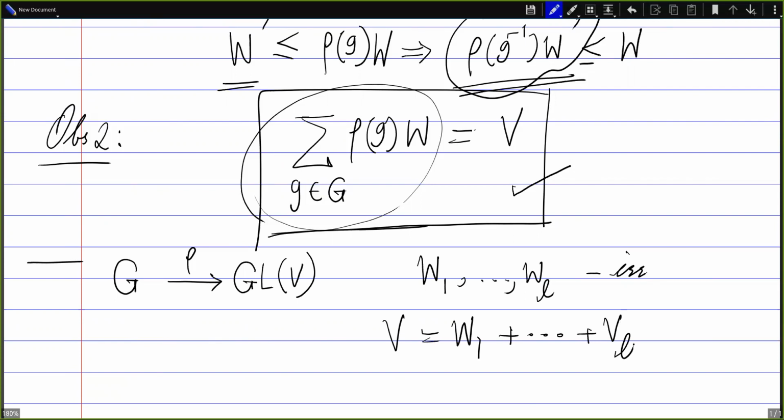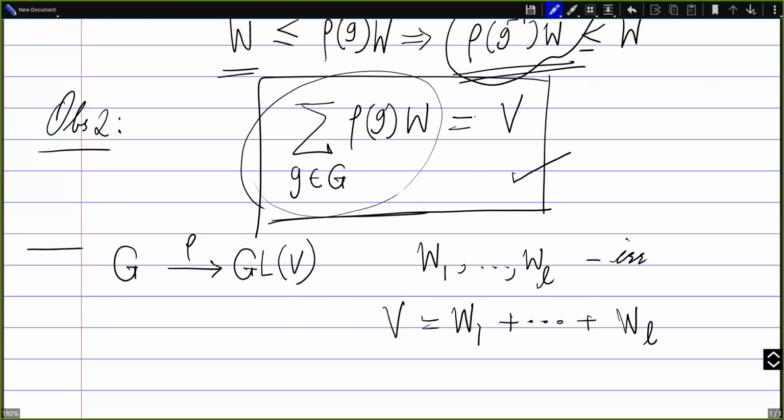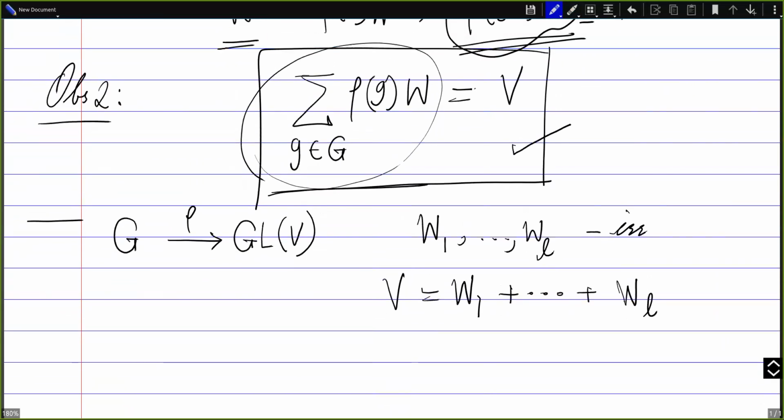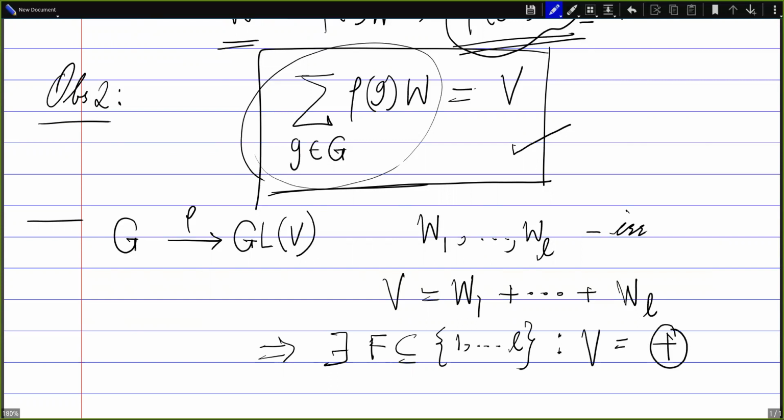Then we will see that there exists a subset of 1 up to L such that V is in fact a direct sum of those.